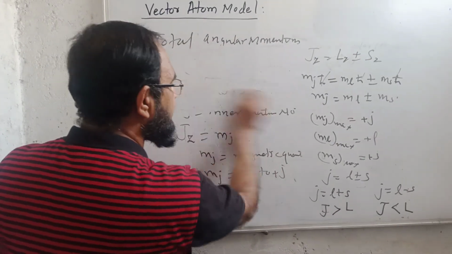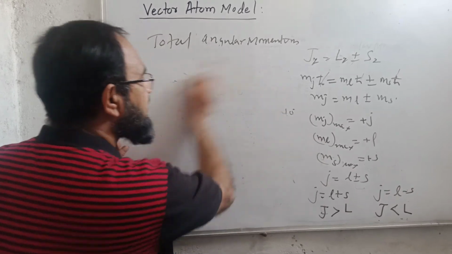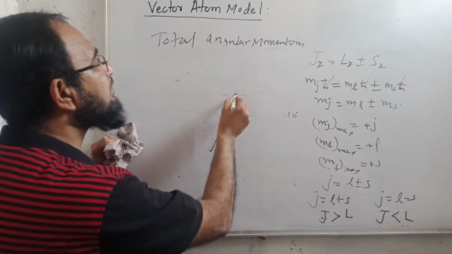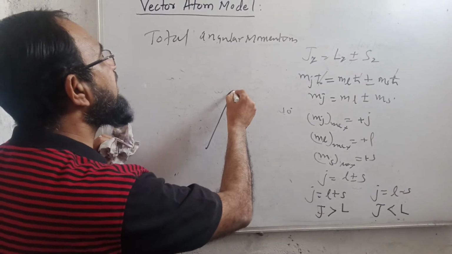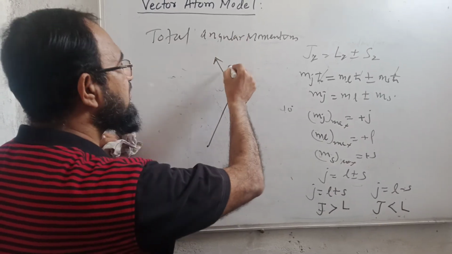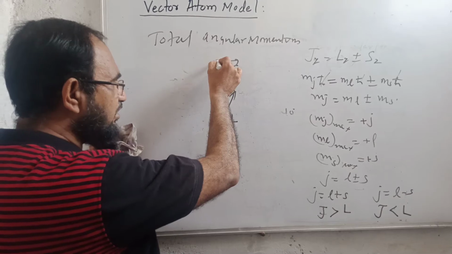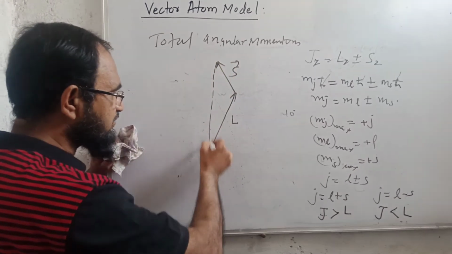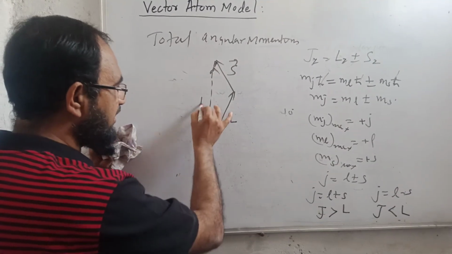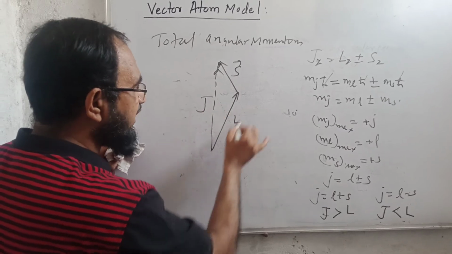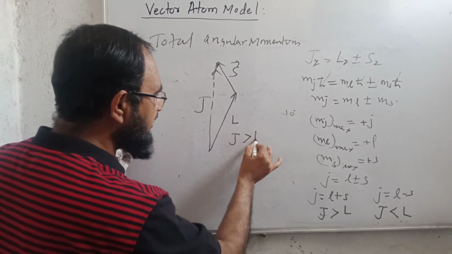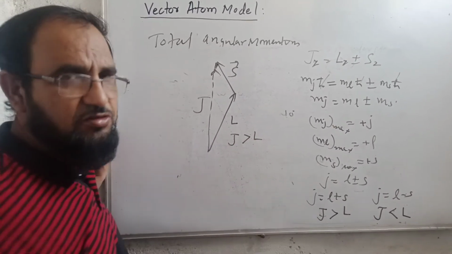Here is the vector l, and here is the vector s. I will use the triangle law of vector addition by drawing the third vector as j. You can see in this diagram that j is greater than l, so this condition holds good.